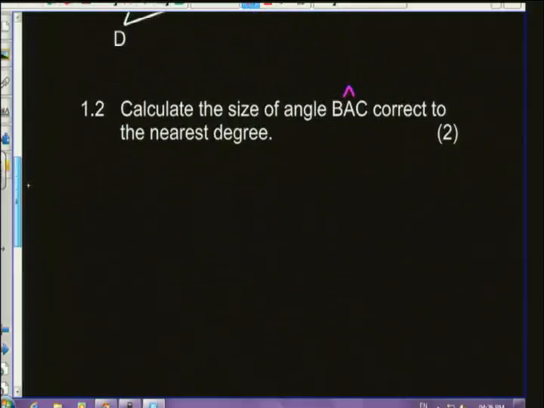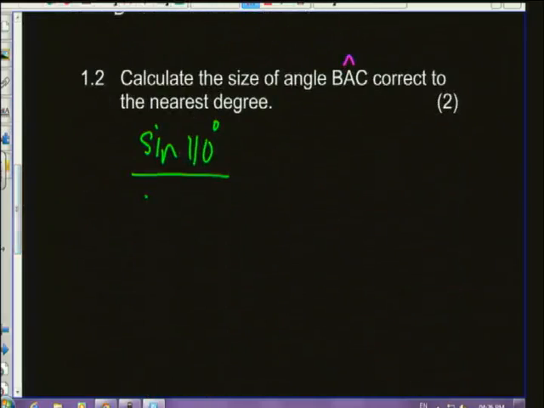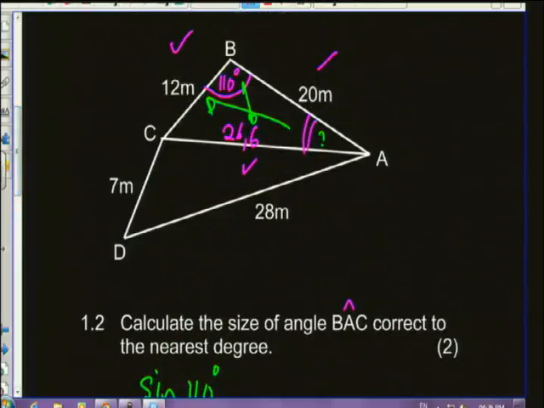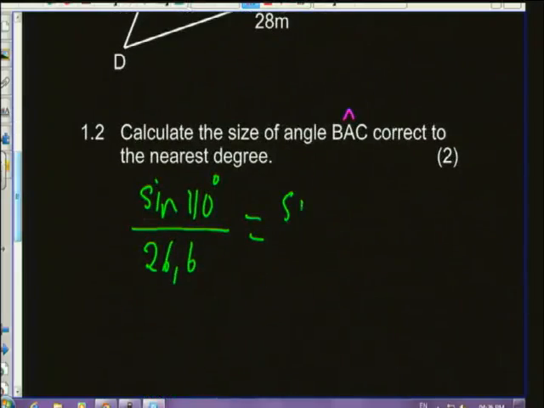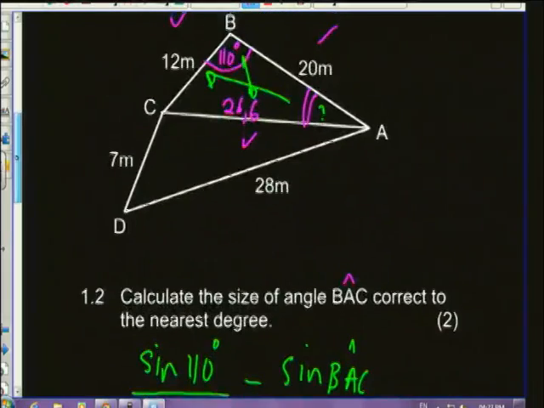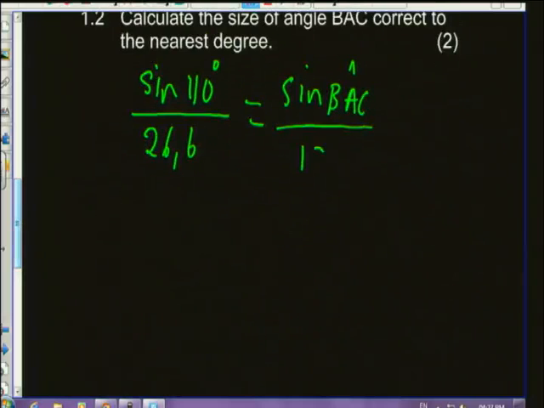The sine rule, so we'll have sine of 110 divided by the side, which is 26,6, equals sine of the angle that we're looking for, which is BAC, all divided by the side, in this case, 12. Now, guys, remember, I've got fractions now.